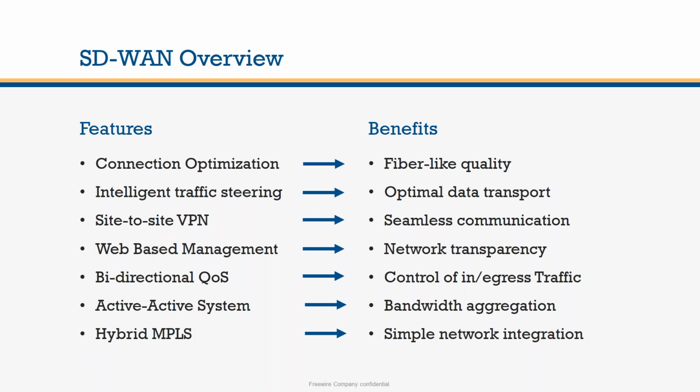Now, bidirectional QoS. This plays into intelligent traffic steering as well as connection optimization. While one of the central components of an SD-WAN solution is that it actually optimizes and corrects bandwidth, the other side of it is going to apply correct prioritization.